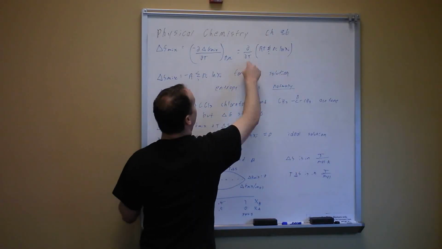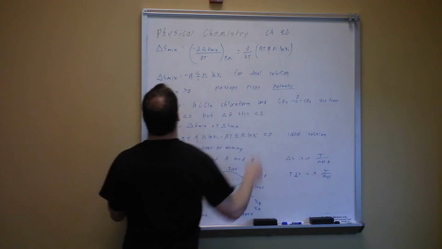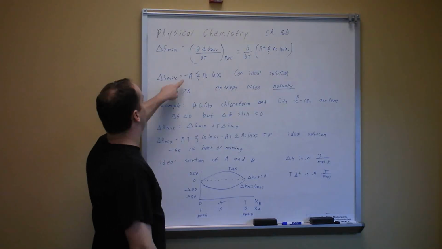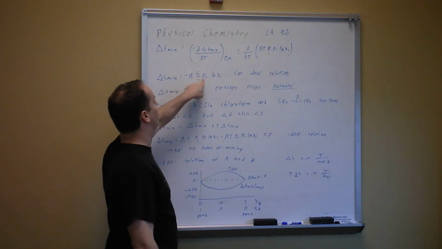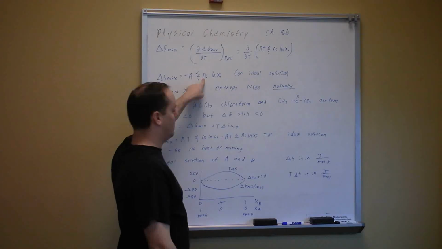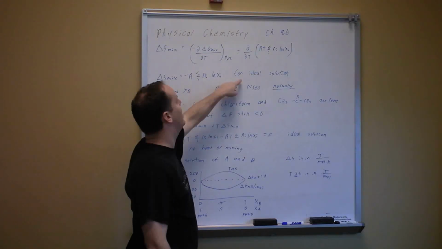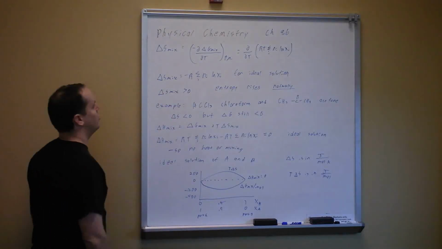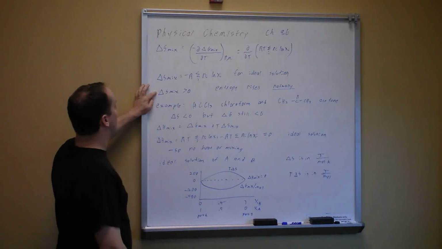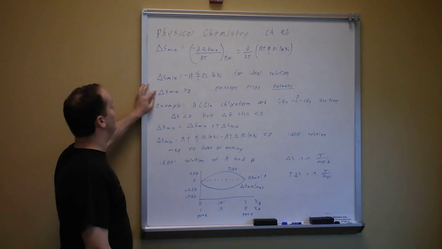The derivative of T with respect to T is just 1, so that disappears. So delta S mix is equal to minus R times the sum over substance i of the number of moles of substance i times the natural log of the mole fraction of i. Again, this assumes an ideal solution. Now, the change in entropy of mixing is going to be greater than 0.